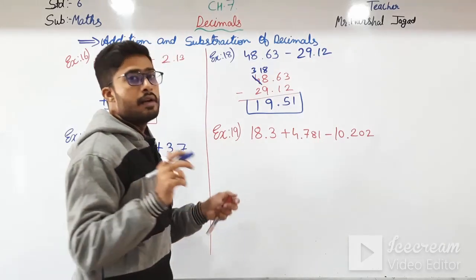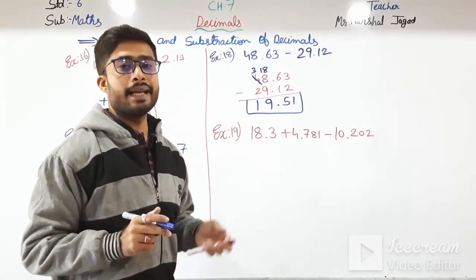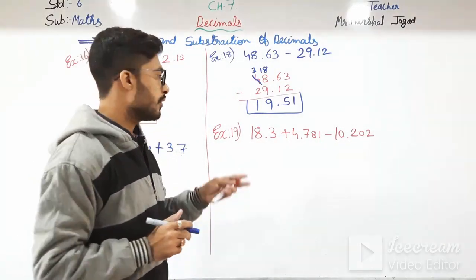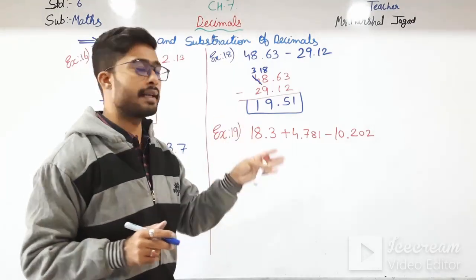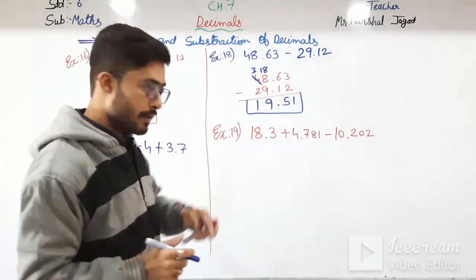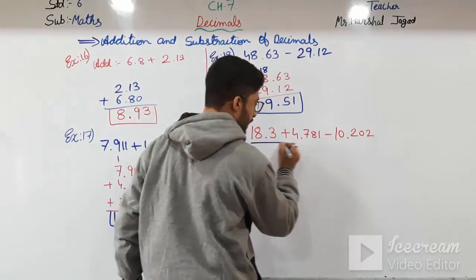Okay, we know the DMAS method. First of all, you have to multiply, then divide, then add, then subtract. So first of all, we have to add these both.